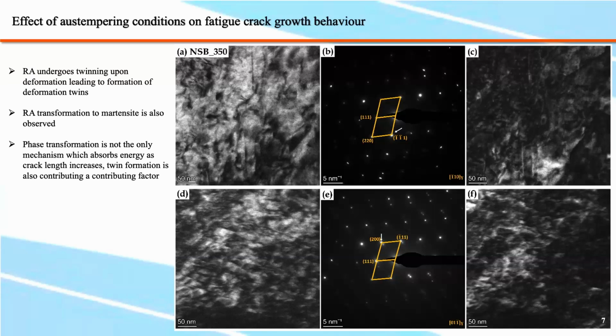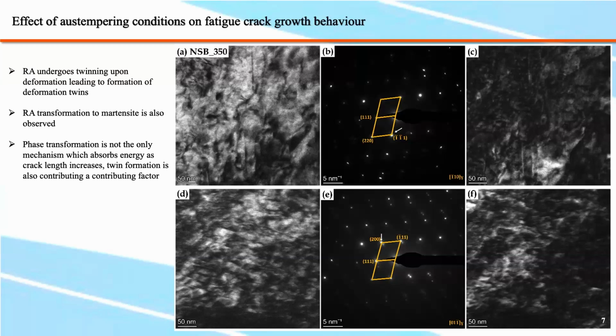the retained austenite fraction develops some compressive stresses at the crack tip because it is undergoing volume expansion due to martensitic transformation. As a result of that, the crack tip closes slightly, and thus there is resistance to the crack growth. That is why we were looking at those figures where the delta K threshold value as well as the delta K value for NB350 specimens were higher.